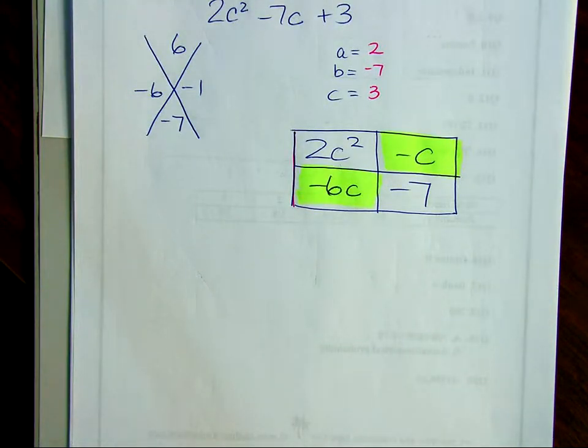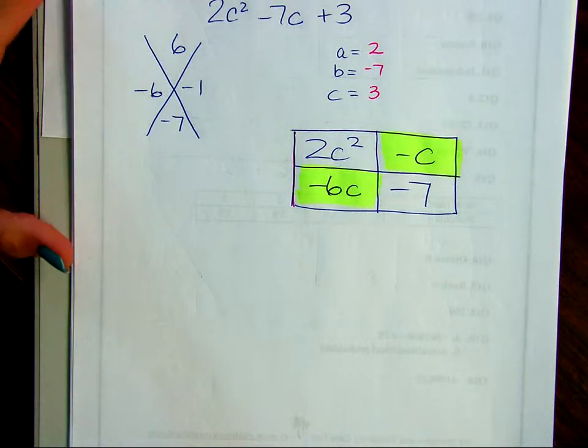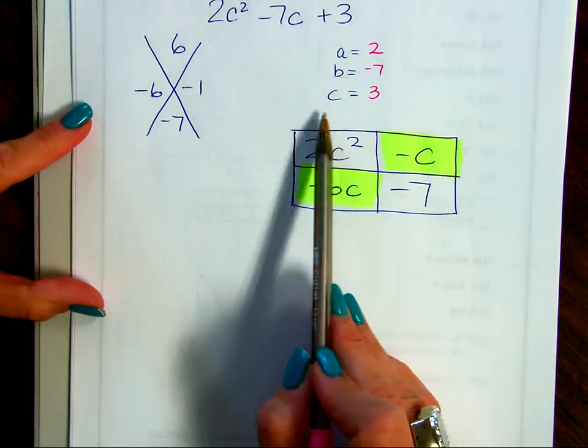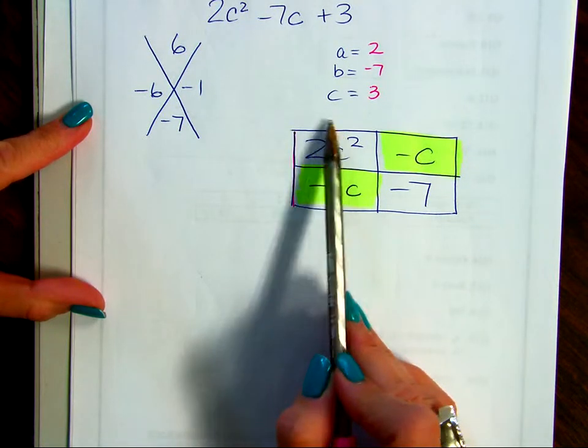You can check up here for progress if you need to, like figuring out how to get the top number. Okay, so remember what I said, do these two first, because these are the terms that absolutely have to be positive.